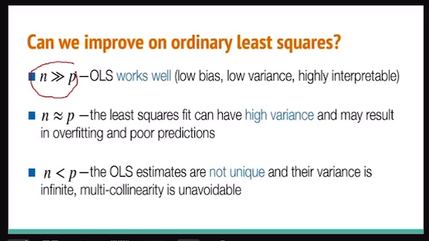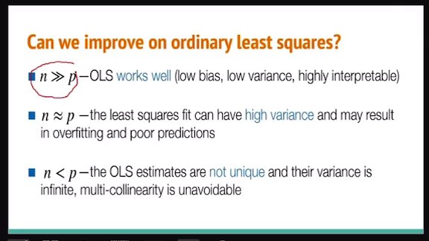In that situation, OLS will work well because the number of observations is much greater than the number of explanatory variables. Does that make sense? There's going to be low bias, low variance, and your model will be highly interpretable.